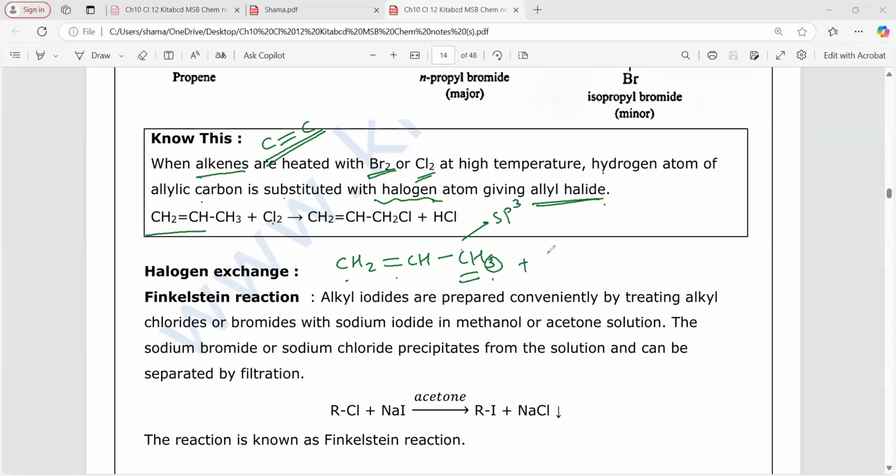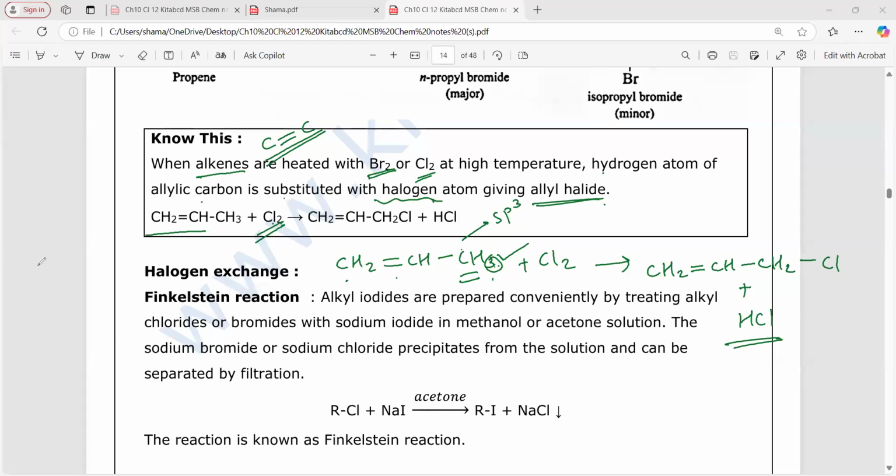So whenever it is treated with chlorine or bromine, you will get the product CH2 double bond CH, single bond CH2 with either chlorine or bromine, because one of the hydrogens would be lost. The released hydrogen and the excess chlorine will form HCl. Got it?